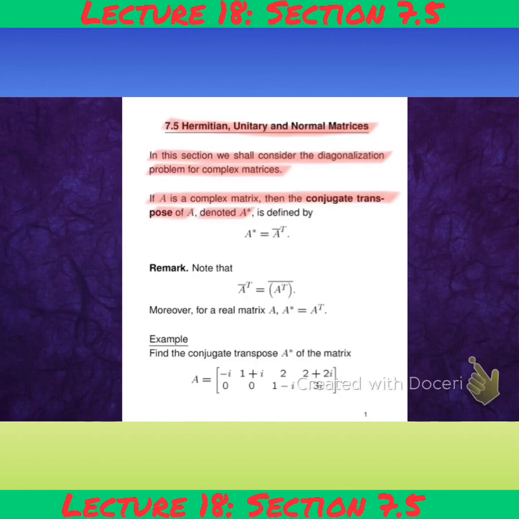Just recall that the conjugate of a complex number is the number where you change the sign, so you change the plus to a negative. That is the conjugate of a complex number.